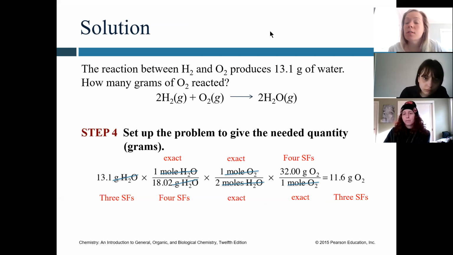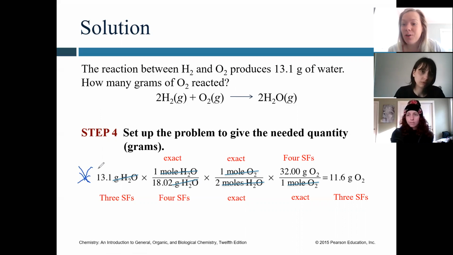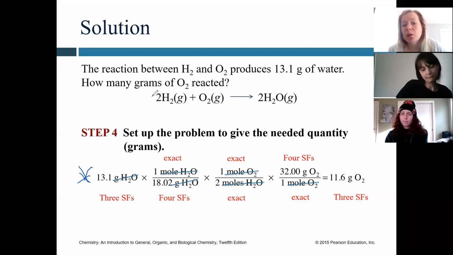Okay. The issue that I tend to see though is people don't even know that they need to do this. They're like, I can do this system, but how do I know that I need to use it? Well, you have to determine that you're running one of these problems. Some indicators: you're given a balanced equation. If there's a balanced equation there, you should probably use it.